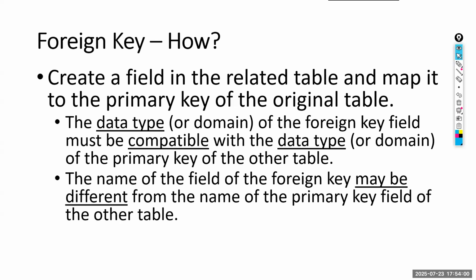Right? How do you create a foreign key for a one to many binary relationship? We are going to take scenario by scenario: one to many binary, one to one binary, many to many binary, then one to many unary, one to one unary, many to many unary.